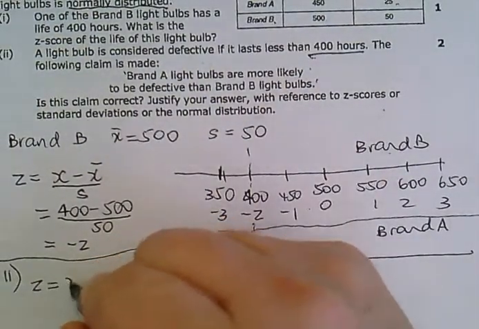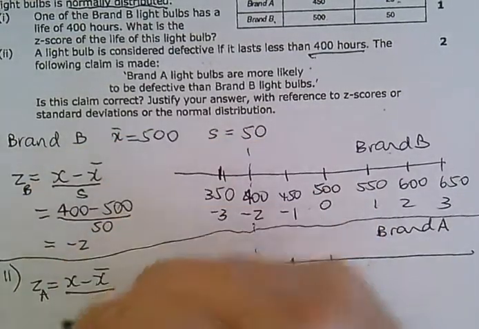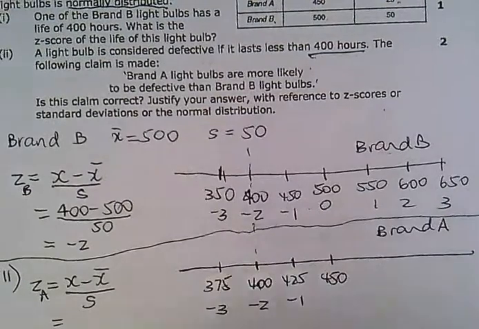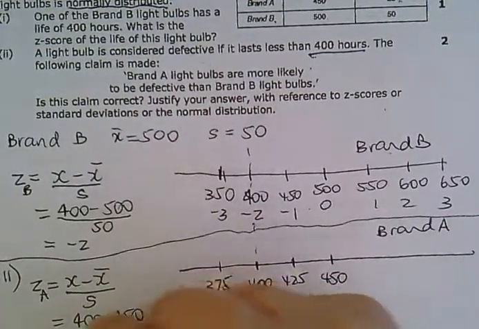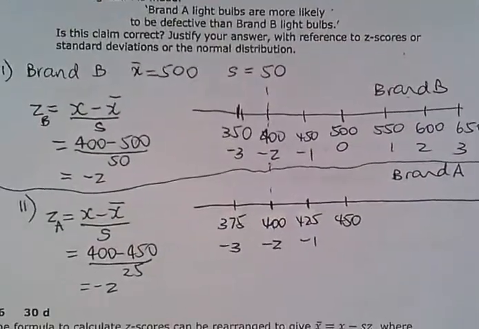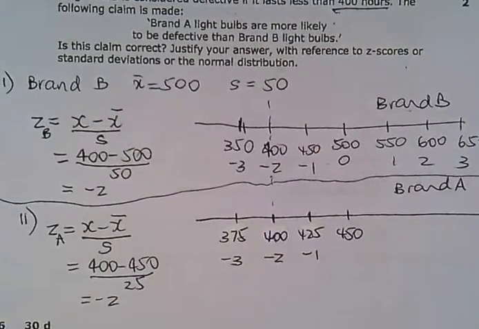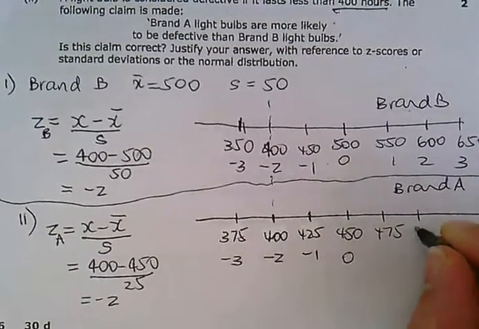So Z-score for brand A for 400 is 400 minus 450 over 25, which is also -2. So 400 represents a Z-score of -2 for both light bulbs, which means I don't have to go up here and do these other numbers, all right?